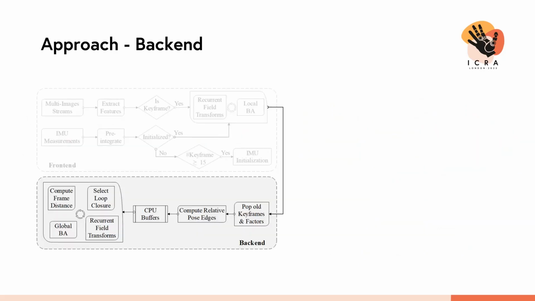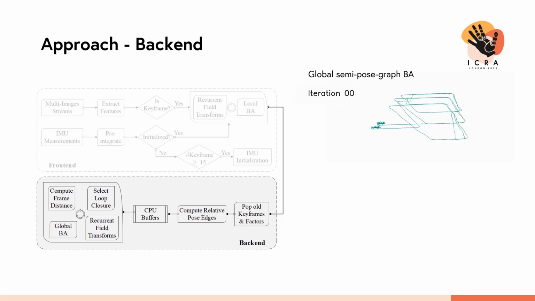On the back end, as all the keyframes leave the front end window, we convert the associated dense correspondences into relative pose edges. Then we search loop closures by flow distances between all keyframes. We iteratively refine the pose and depth maps where loop closures are found and other areas constrained by relative pose edges.